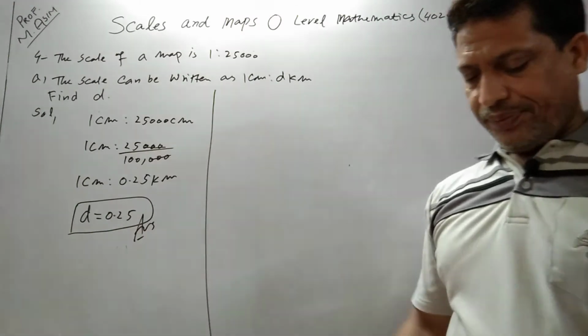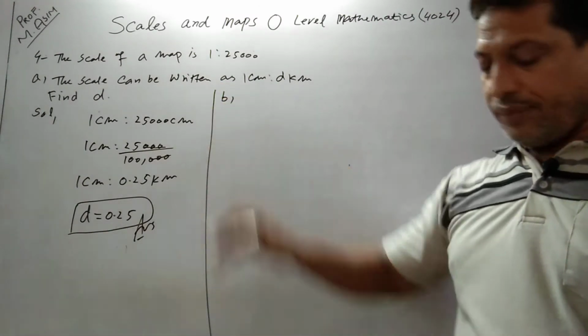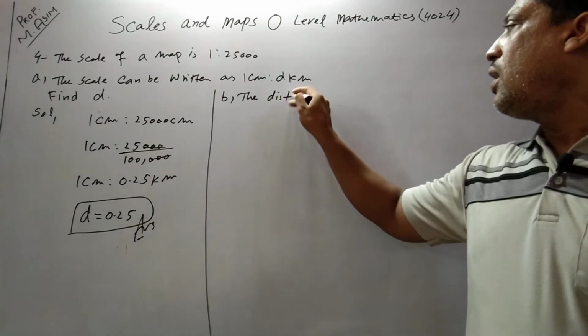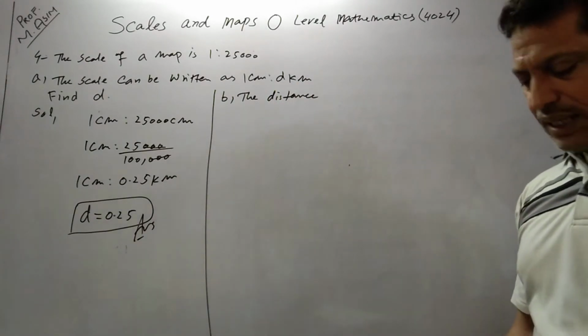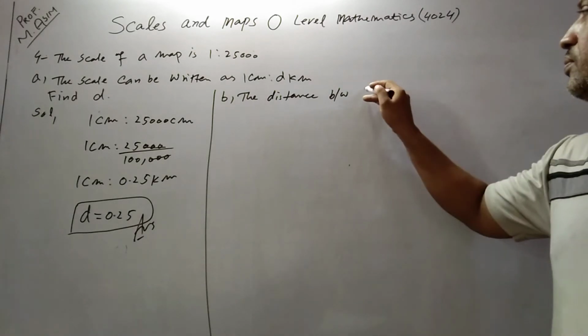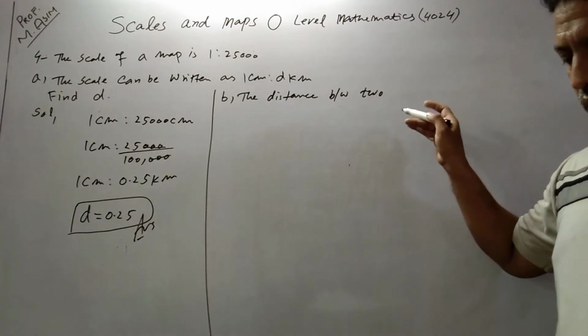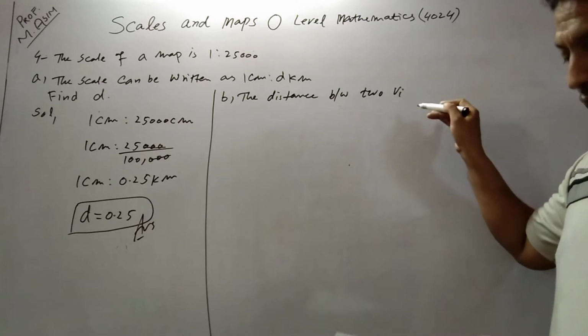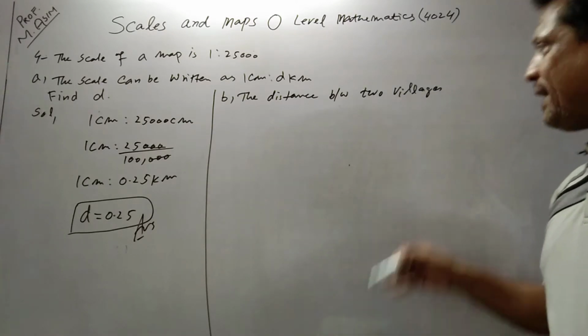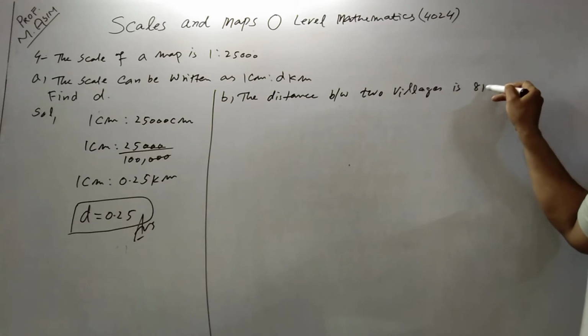Part B. Part B: the distance between two villages is 8 kilometer.